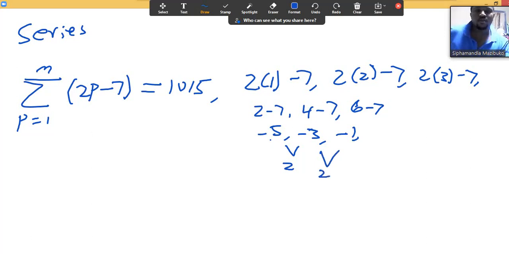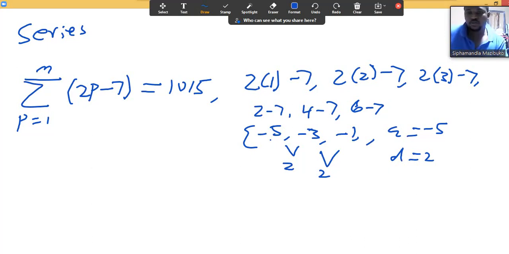So easily we can say, because this is our series here, that a is equal to minus 5 and d is equal to 2. We want to find out what is m, how many terms we have in the series.